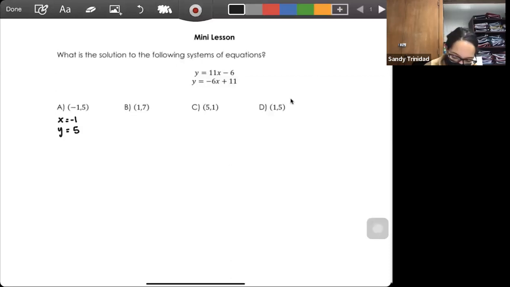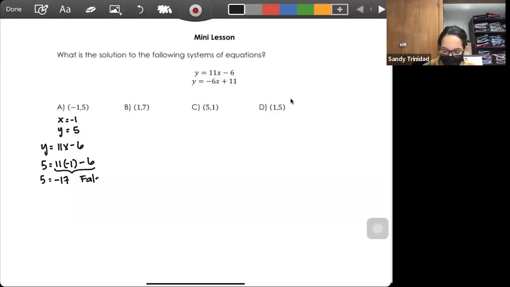So the first thing I have is y equals 11x minus 6. So I can have 5 equals 11 times -1 minus 6. And when I put this into my calculator, I want to check if it gives me 5. 11 times -1 is -11, minus 6 is actually -17, which means that this is not a true statement.